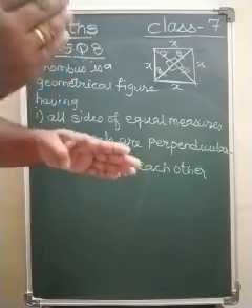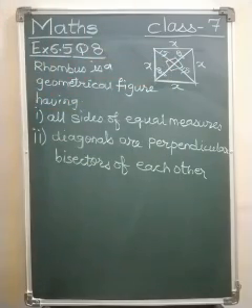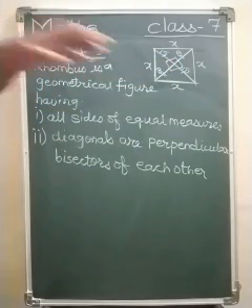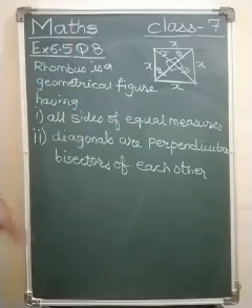Bisector means dividing into equal two parts, and perpendicular means forming a right angle, a 90-degree angle.